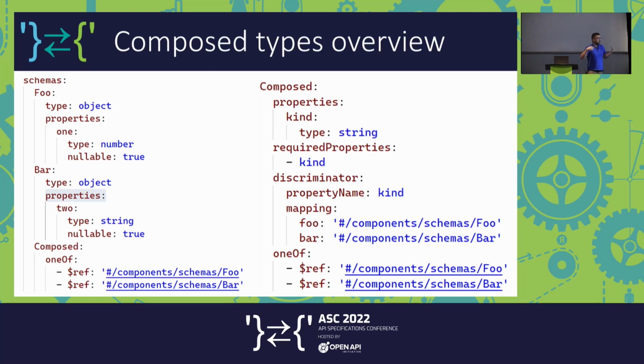And so this way we know at runtime during deserialization, oh, I'm getting a foo in the payload, or I'm getting a bar, and I'm going to deserialize it to the right type. Again, that's a choice we've made, and having at least prescriptive guidance for the generators, and at most maybe some linting rules to enforce those kinds of things, to make sure that when people use composed types, they use the discriminators with mappings, will be really helpful to generate precise clients.